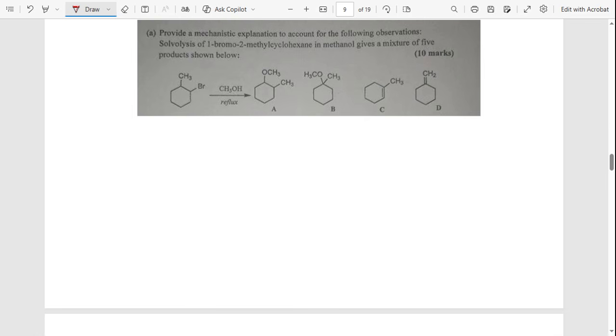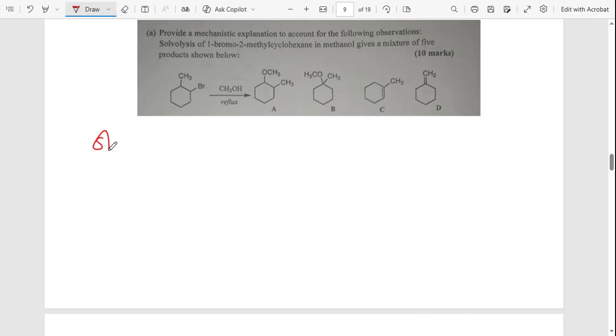So the very first step of the process is that you are going to lose the leaving group. This is going to go by an SN1 mechanism when you're reacting this compound in methanol.